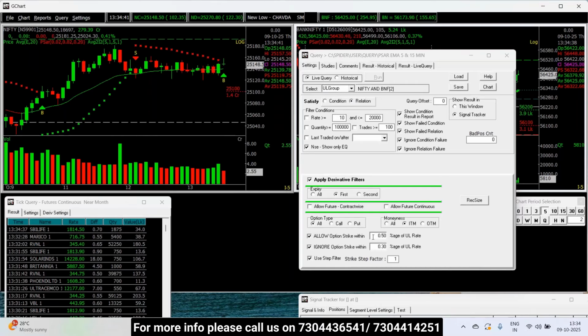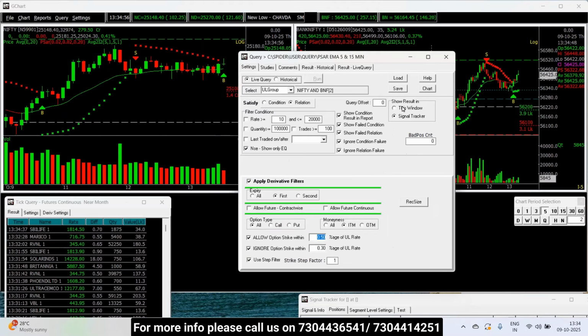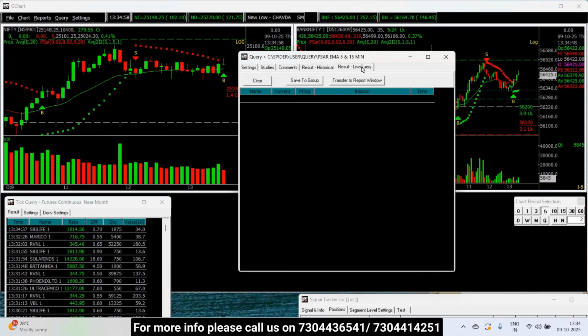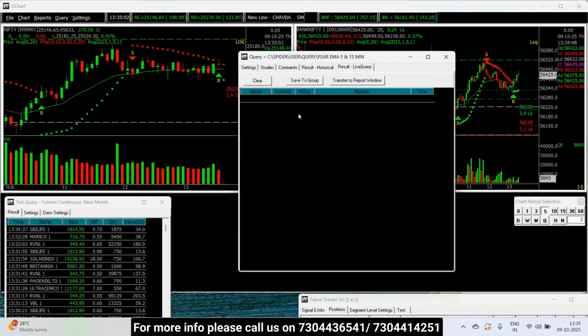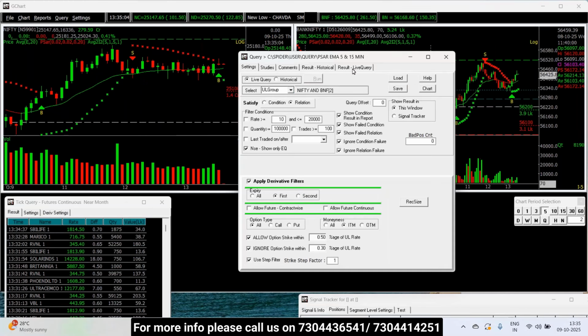Allow option strike within 0.50%, then I'll get a buy signal, and ignore if it's not, then 0.30. So now I choose these two options, and now I'll get buy and sell signals here in the result queries.